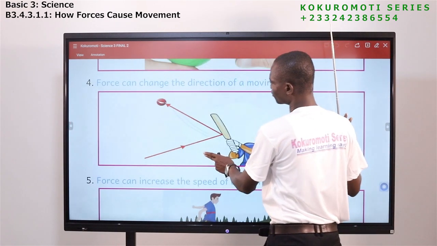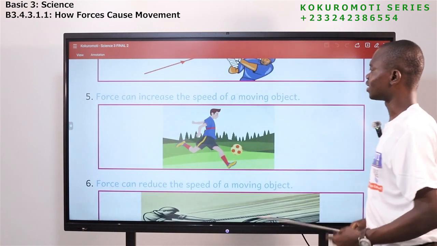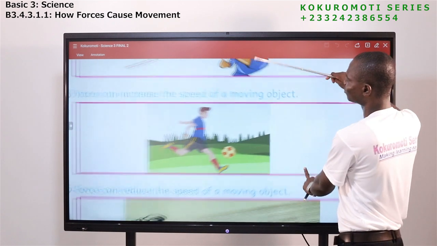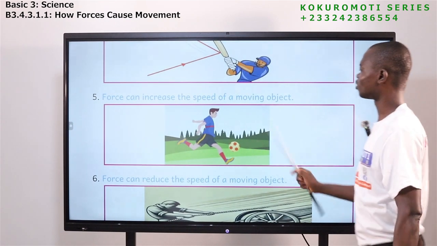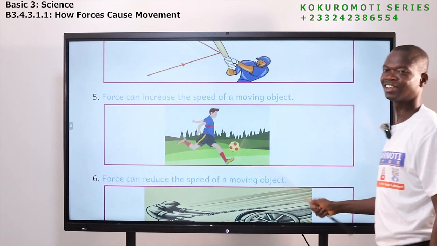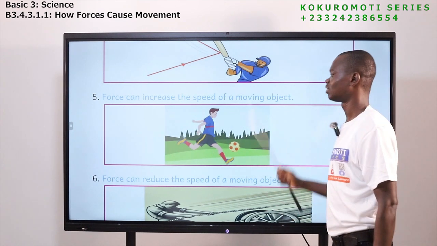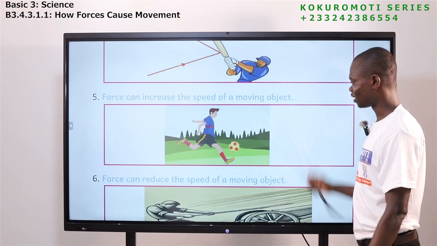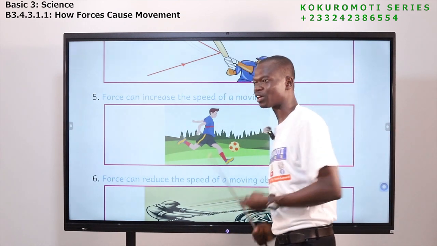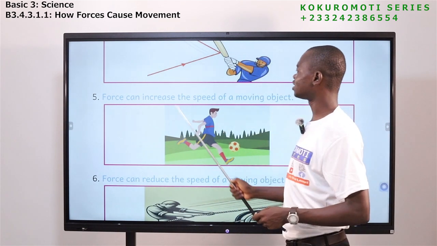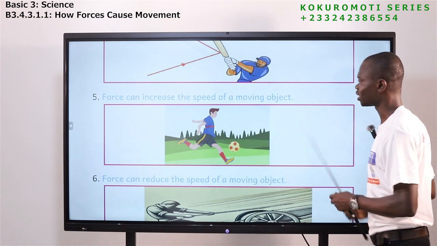Okay. Let's look at this. What do you see here? How many of you like doing this? The boys and some of the girls. You like playing football. Very good. Now let's look at what happens when you are playing football. Force can increase the speed of a moving object.